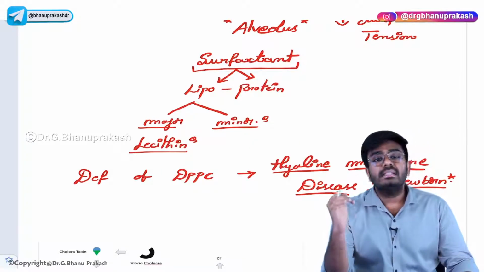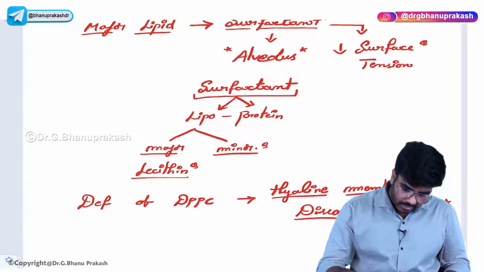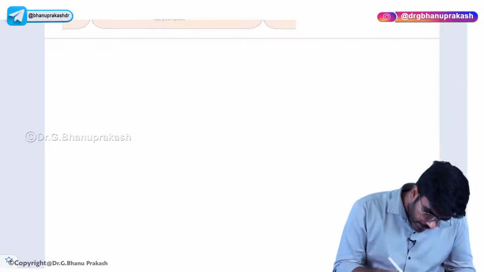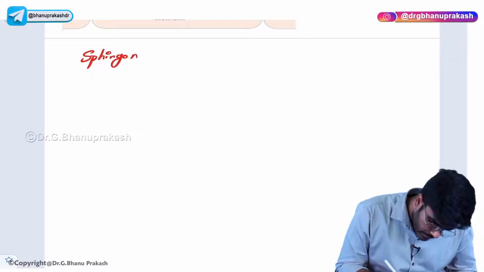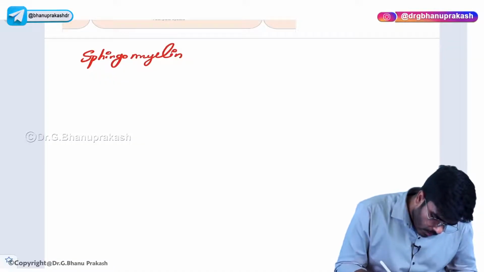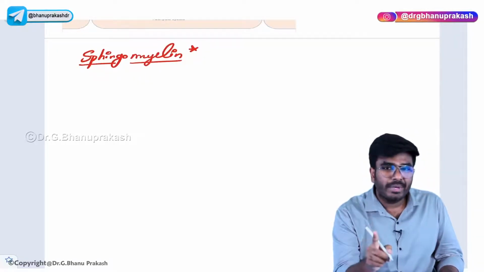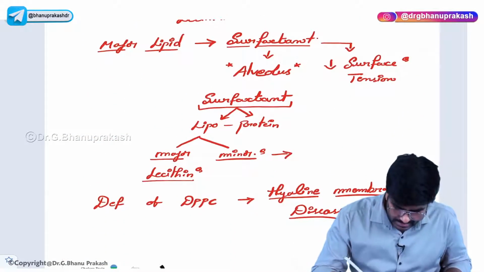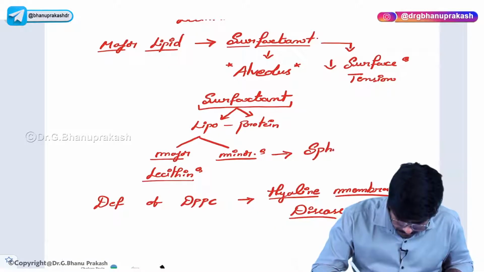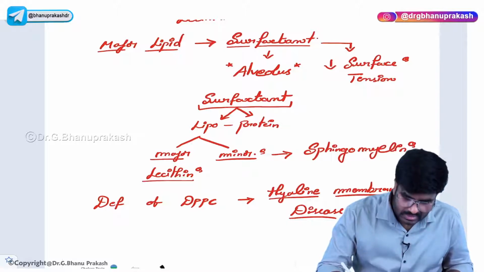Now after this, let's talk about sphingomyelin. We have discussed lecithin. Now let's start with sphingomyelin, guys. What are the important points you need to know regarding sphingomyelin? We have discussed the major lipid is dipalmitoyl phosphatidylcholine. Now the minor lipid in surfactant is sphingomyelin. Now this is the MCQ.